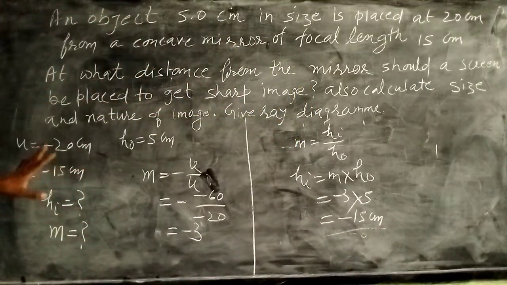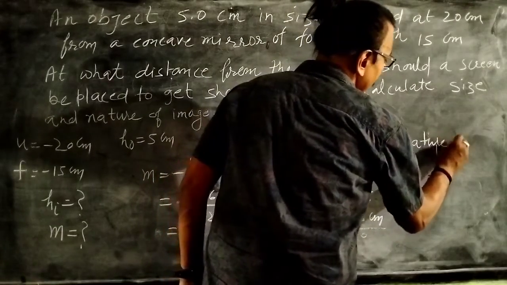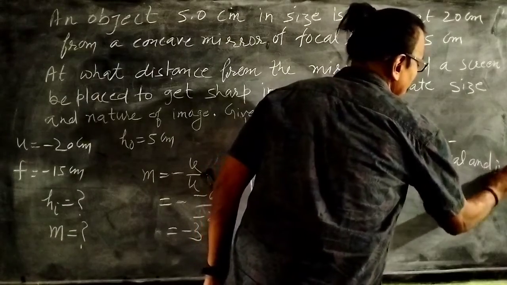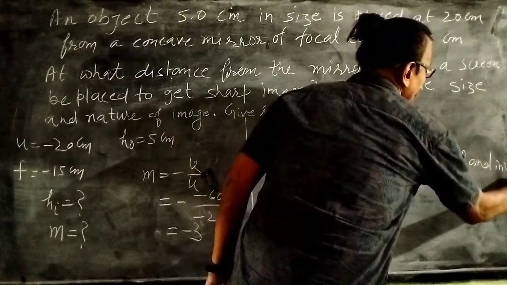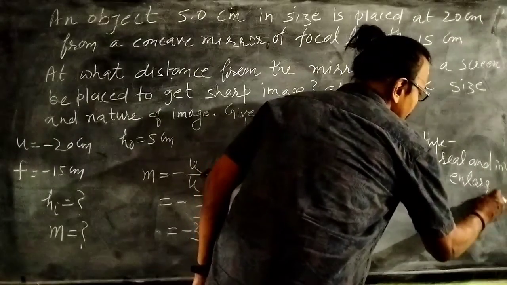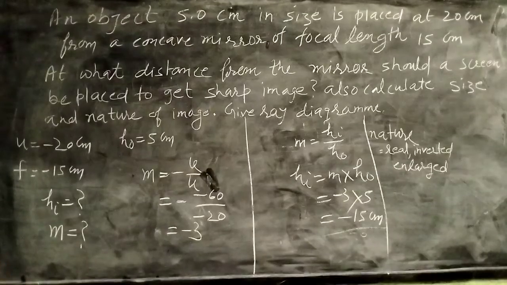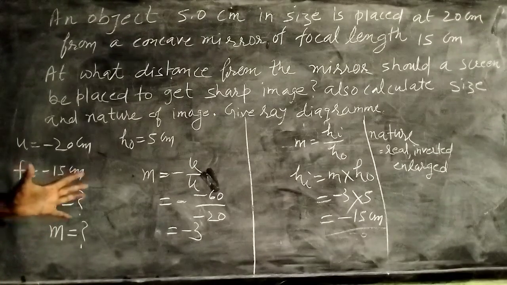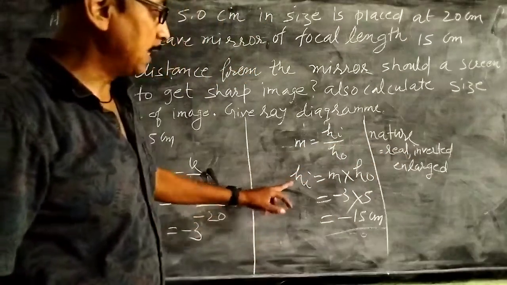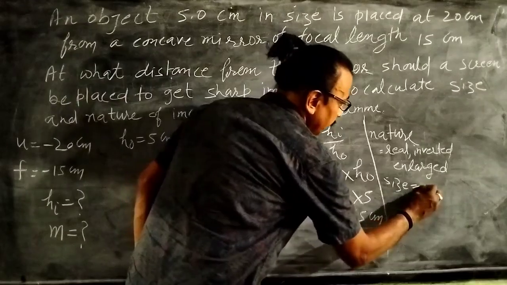Hence, the nature of the image is real and inverted, also enlarged. So we have found the nature is real, inverted and enlarged, and the size of the image is minus 15 centimeter.